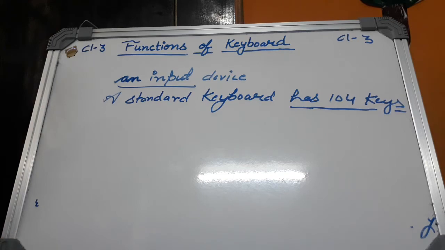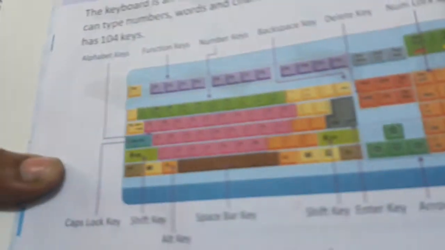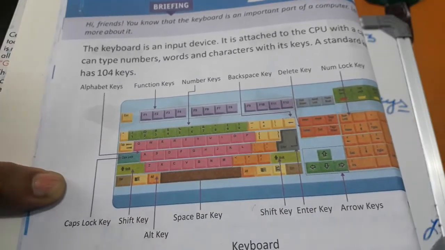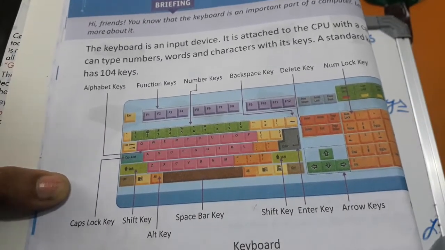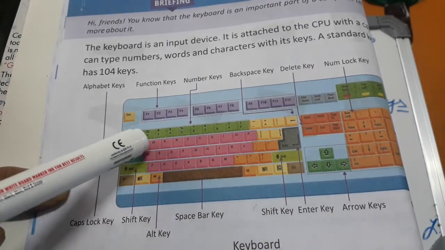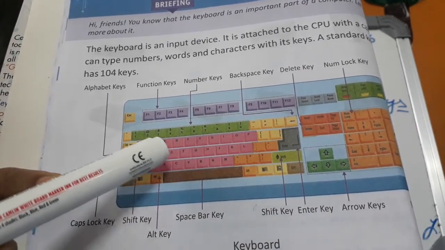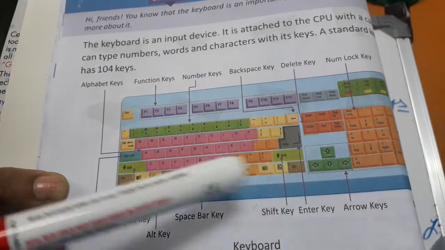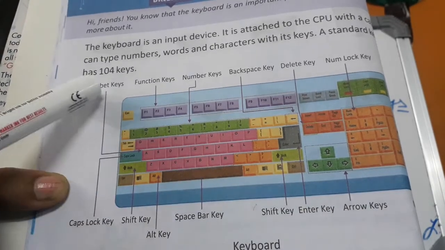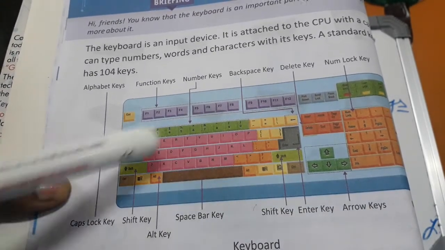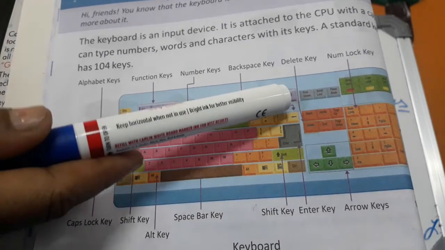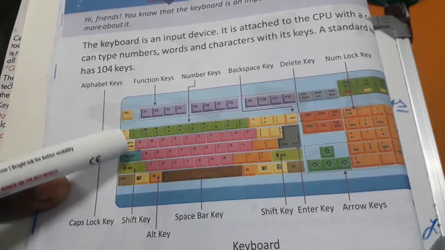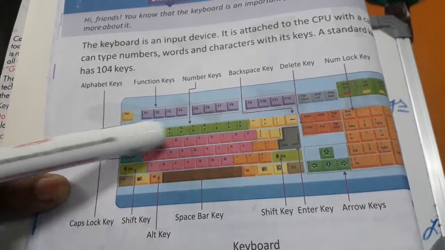Now here is the picture of a keyboard. Look here, this is the picture of a keyboard. The letter keys, Q, W, E, R, T, Y, U, I, O, P, A, B, C, D, these are alphabet keys, and F1 to F12 are function keys. Number keys, see here, 1, 2, 3, 4, these are number keys.